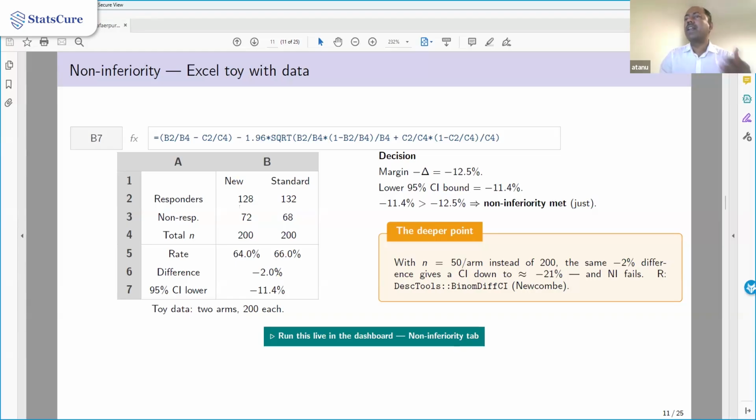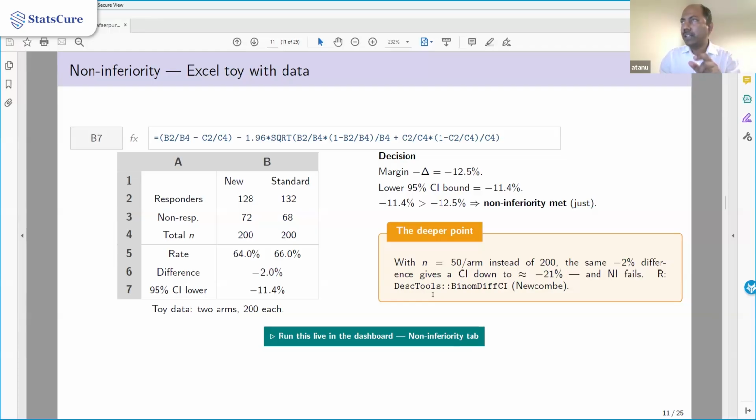with a confidence interval of 11.4%. This margin or delta value is going to be 12.5, and the lower boundary comes to 11.4%, and then we say non-inferiority is justified there. The deeper point is that with 50 per arm instead of 200, the same 2% difference gives 21% and non-inferiority fails, and there are statistical tools you can adopt to check how to get this non-inferiority margin.